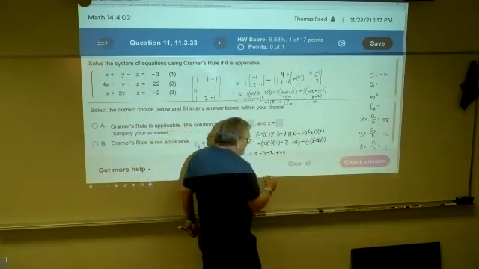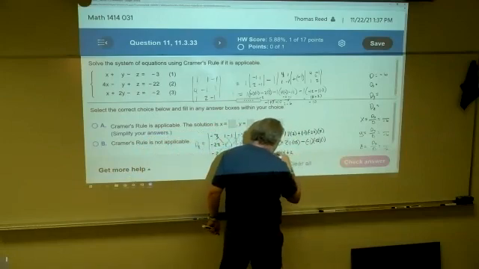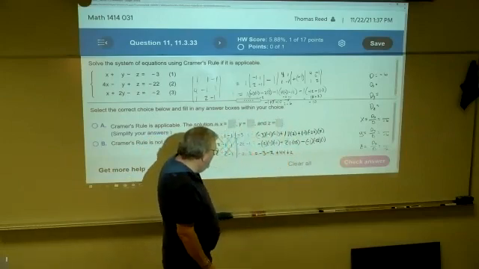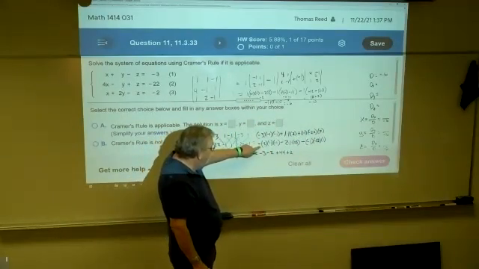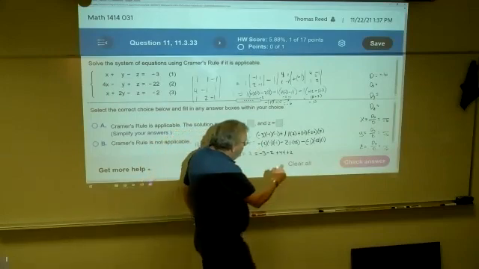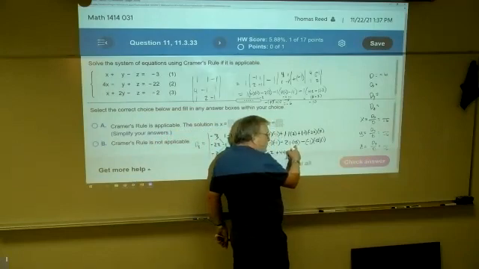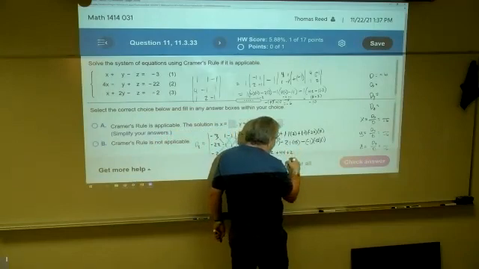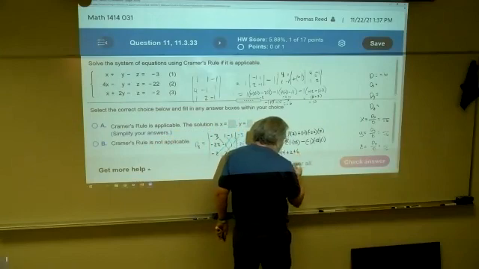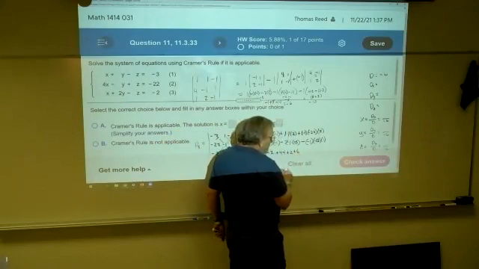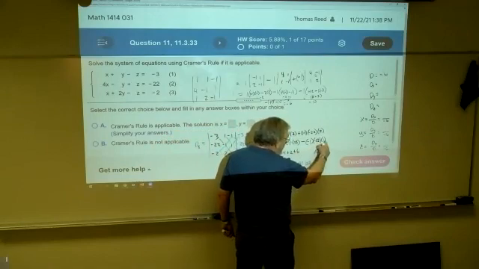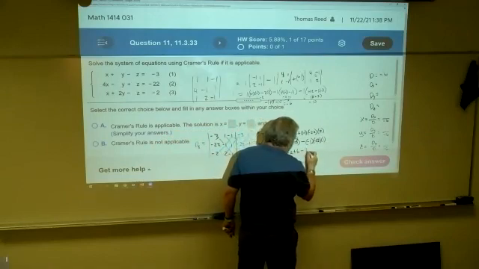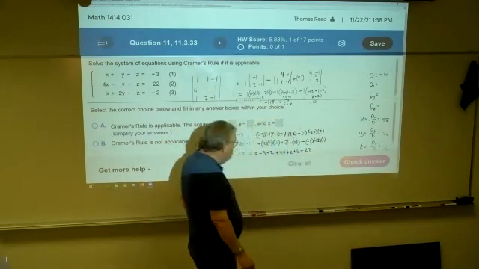I'm subtracting a negative 2, so that's going to be plus 2. Now, 2 times 1 times negative 3 is a negative 6. I'm subtracting a negative 6, so that's going to be plus 6. Negative 1 times negative 22 is positive 22 times 1 is 22, so we're subtracting 22.